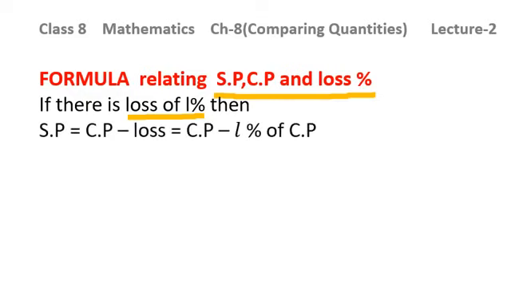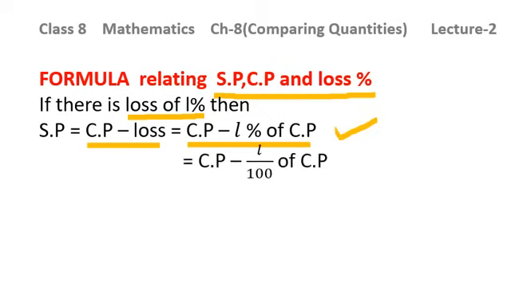Then we know that SP is equal to CP minus loss. In place of loss we have written loss percent, that is L percent of CP, in this step. So CP minus L over 100 of CP, as I told you earlier, that the percentage sign is given, so it will be L over 100 of CP.